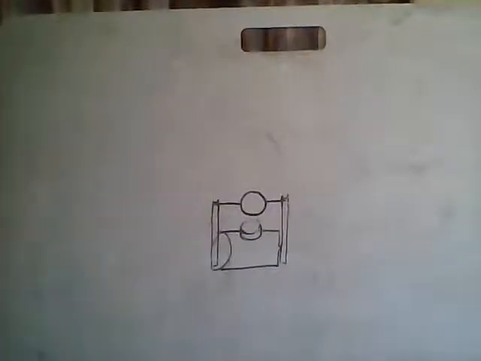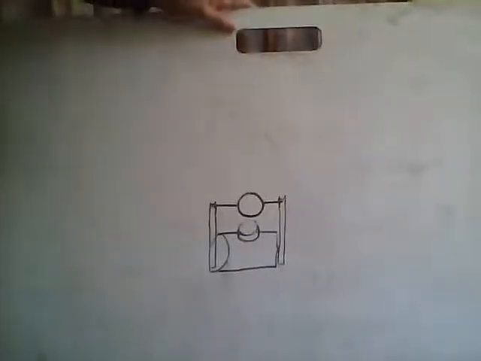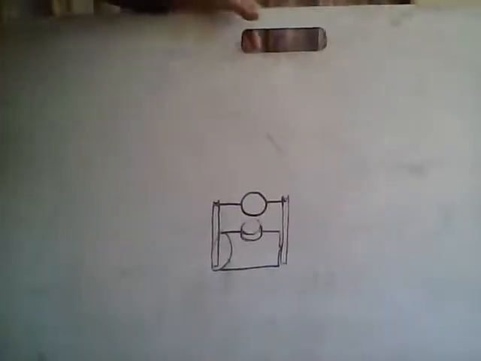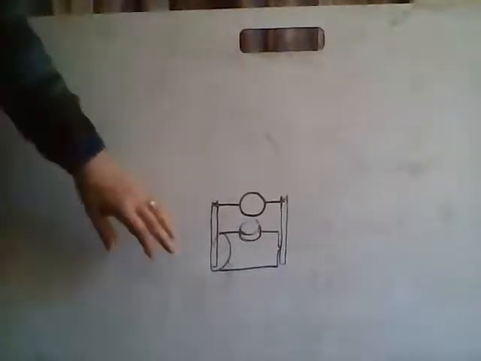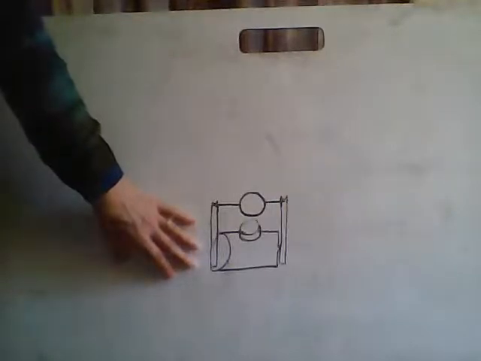So that's pretty much the idea that all of our devices are built upon, that the current induces a magnetic field which puts out a force, and so then that can make something turn. If it's on and off, on and off, on and off, then it will continue to turn. So that's the idea behind AC versus DC. Alternating current, that's your AC, and DC is direct current, like what you get from a battery.